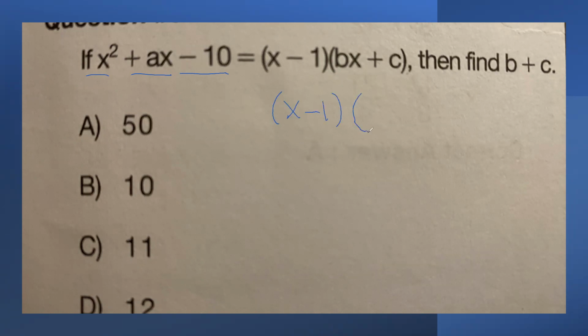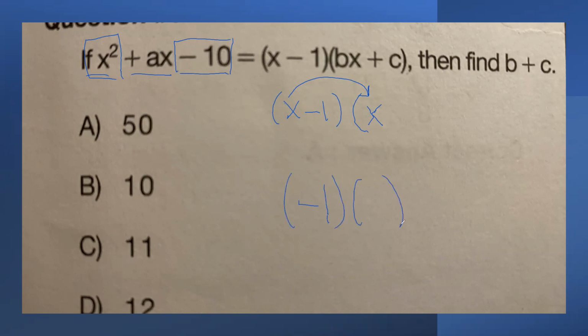I know that this has to be x, because x times x is gonna be x squared, right? But the last two terms have to multiply to -10. I already have a -1, right?